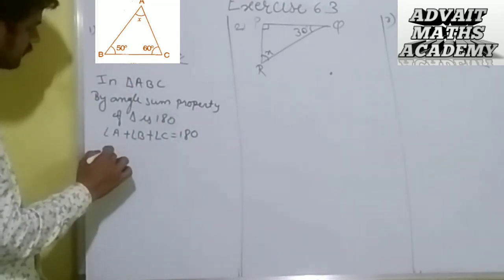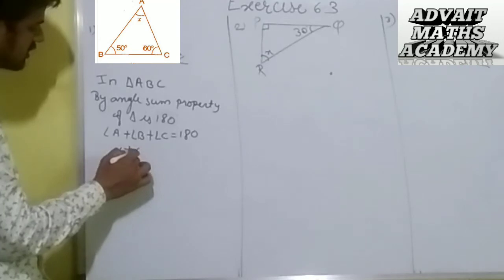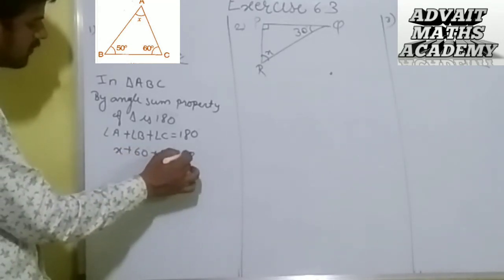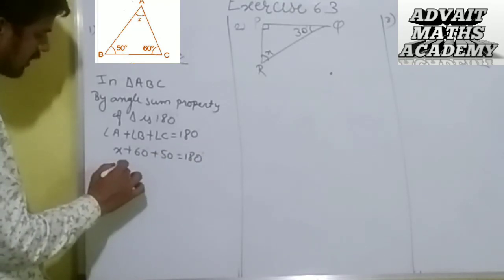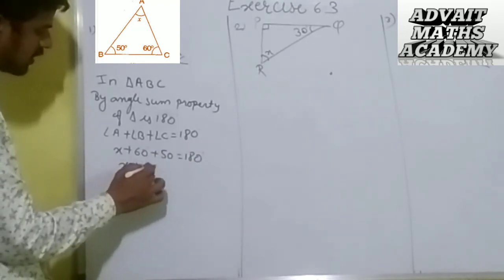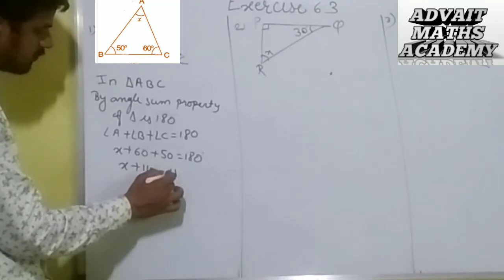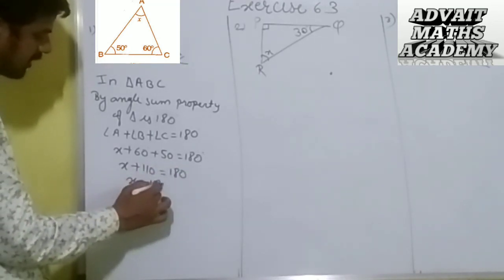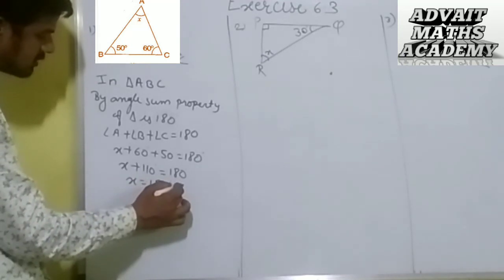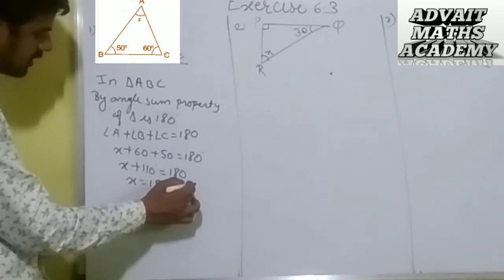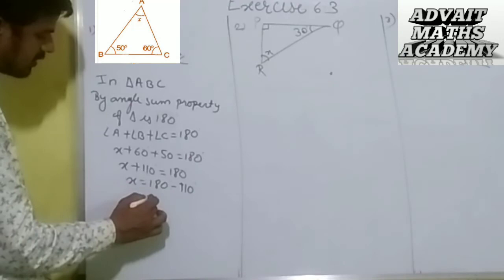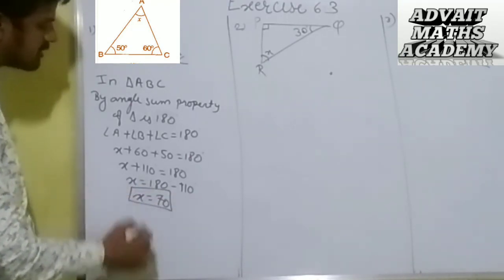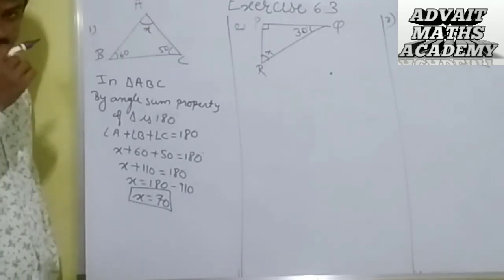Then x plus 60 degree plus 50 degree is equal to 180 degree. Then x plus 110 degree is equal to 180 degree. Then x is equal to 180 degree minus 110 degree. Then x is equal to 70 degree. Now we get the value of x as 70 degree.